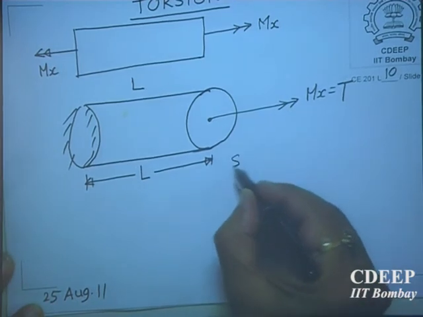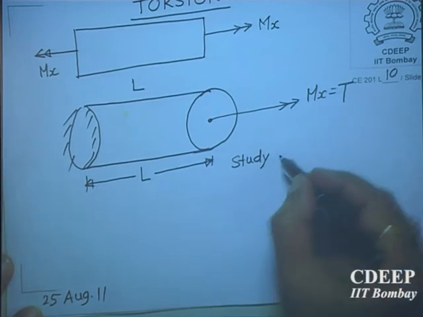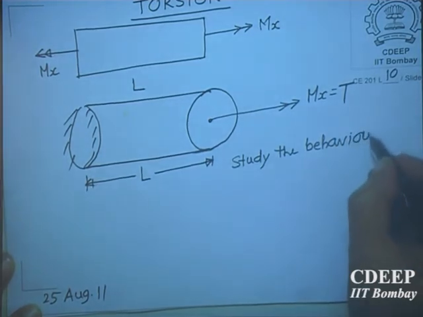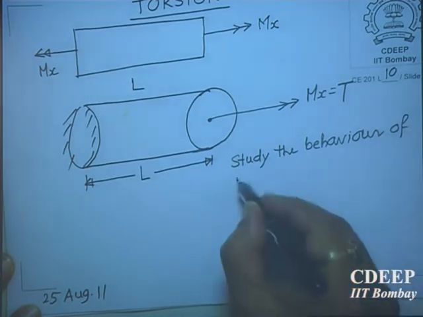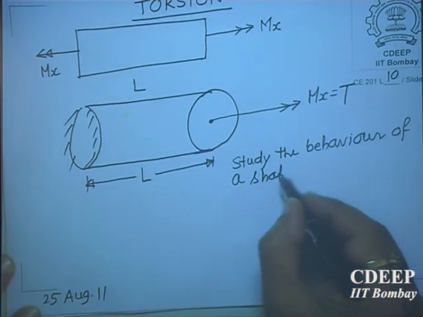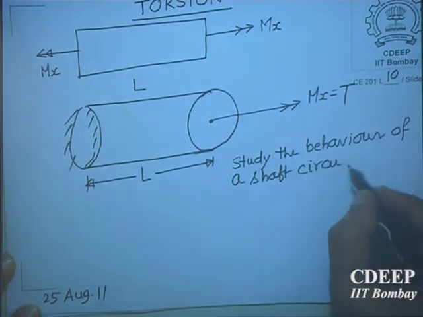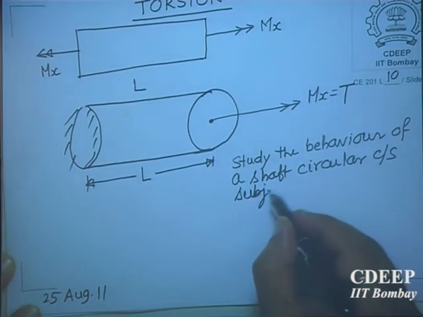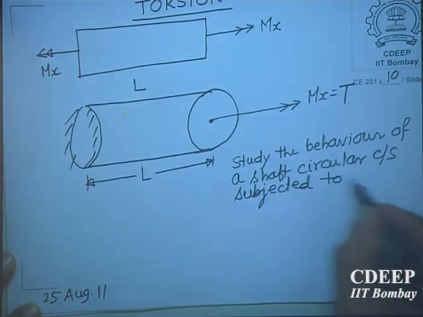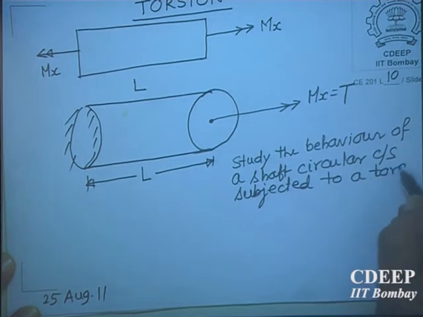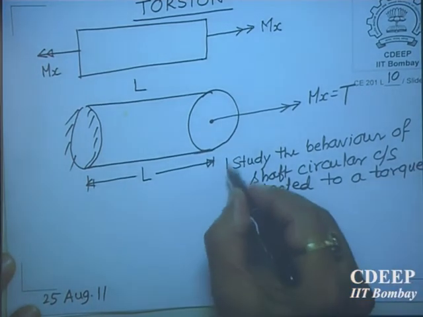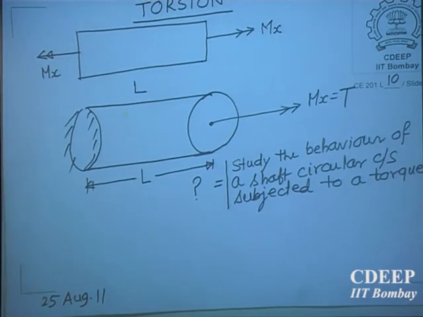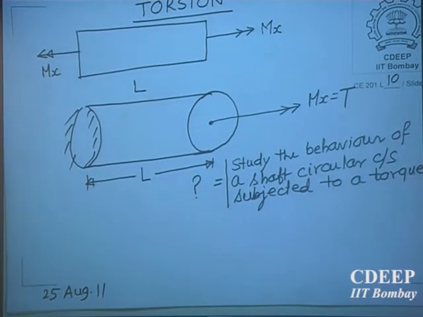Whenever we study the behavior, please remember this, don't forget: study the behavior of a shaft of circular cross section which is subjected to a torque T. This is what we want to study.